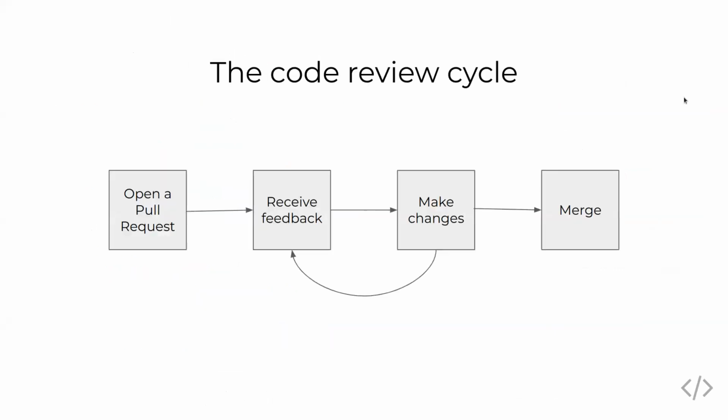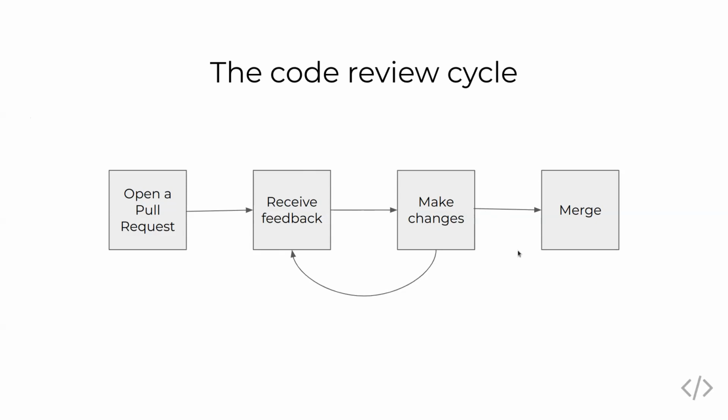So the code review cycle is basically this part. So when you open a pull request and you ask people to give you feedback, ask people to review your code, you make changes, and then you go back to receiving feedback. So this is the feedback cycle, and once it's complete and the code is approved, you go to merge.